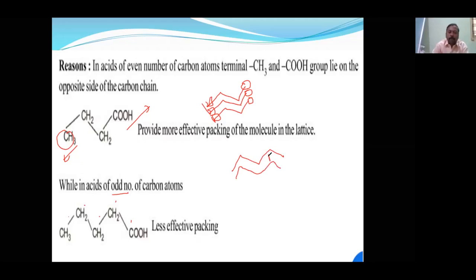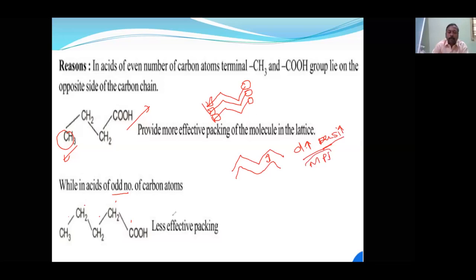So there will be a gap. Once the distance increases, the density will decrease, and once density decreases, the melting point decreases.